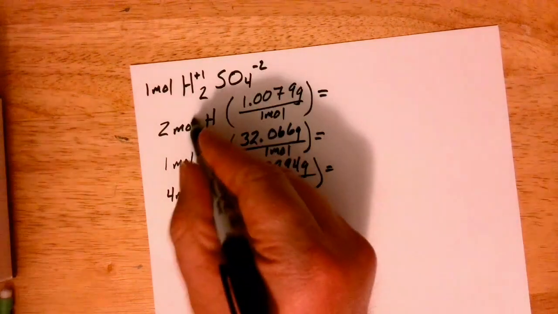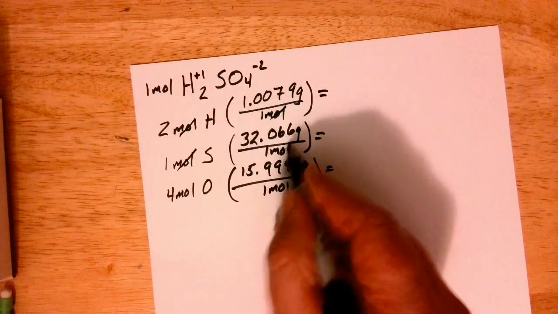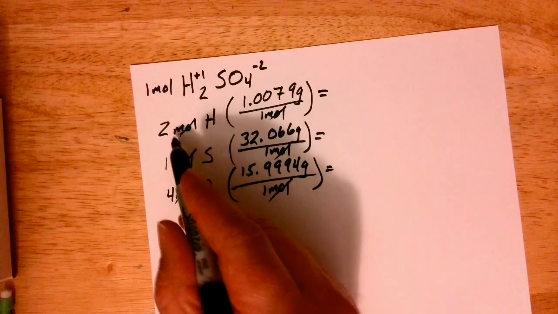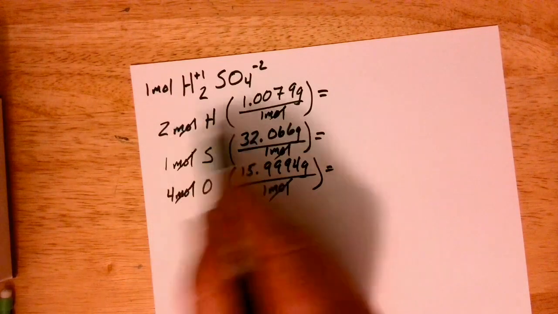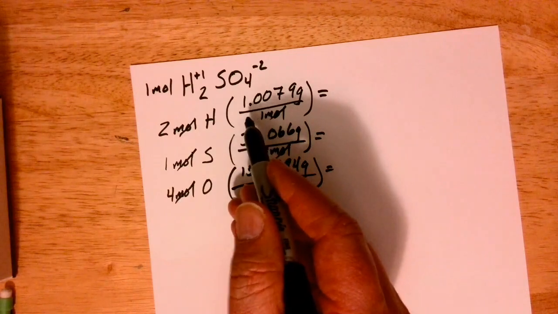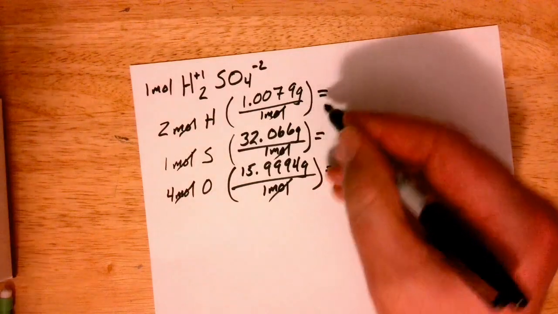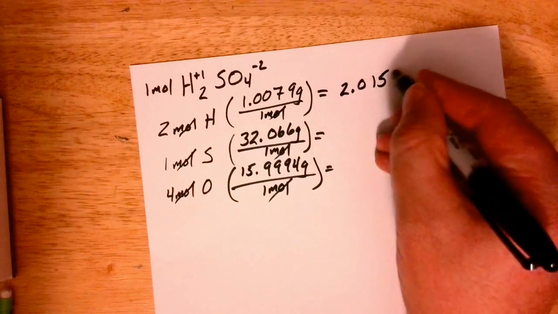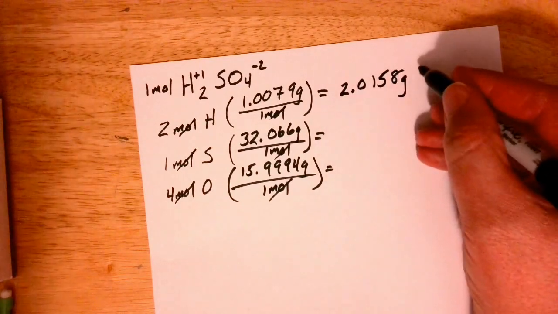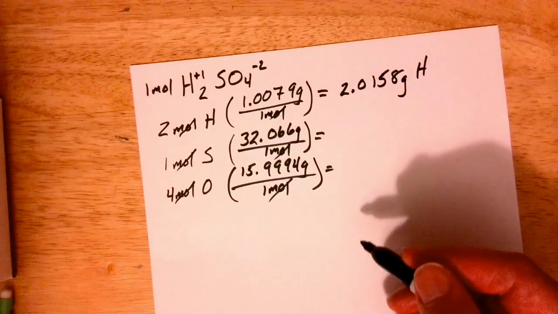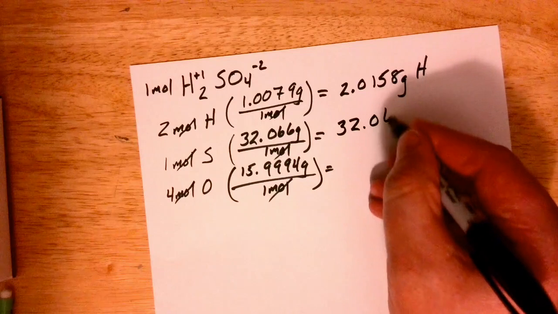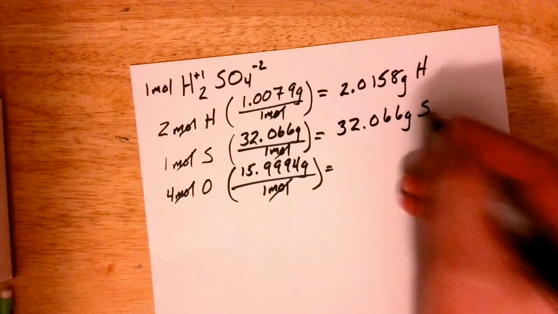So moles will cancel. Let's go ahead and multiply them out. 2 times 1.0079 comes out to be 2.0158 grams of hydrogen. Sulfur will be 32.066 grams of sulfur.